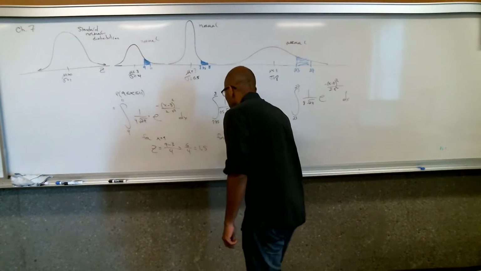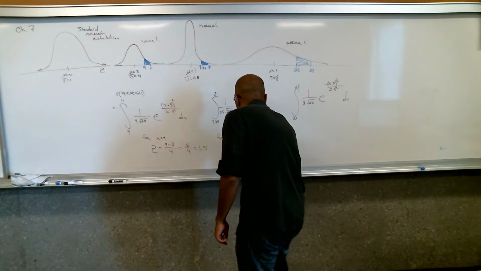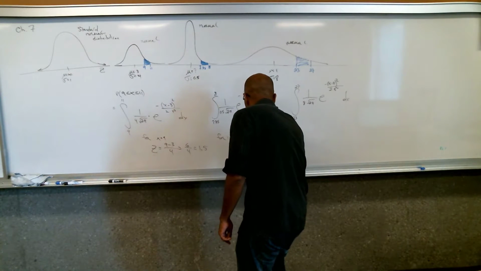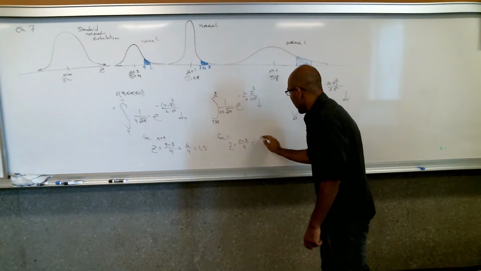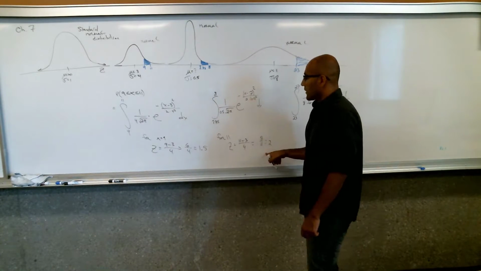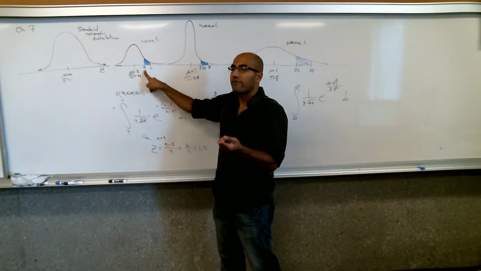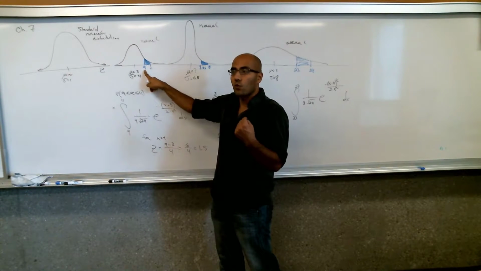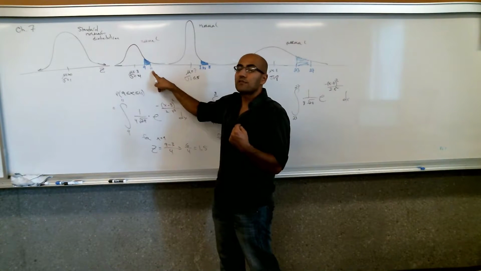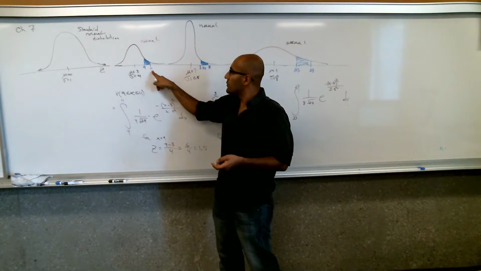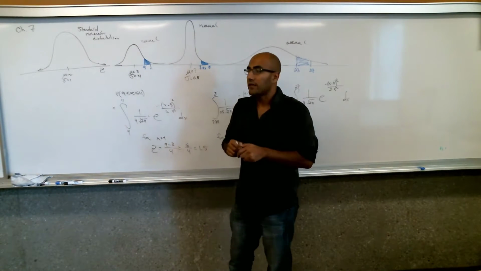For 11, the z-score is 11 minus 3 divided by 4, the standard deviation, which is 8 over 4 or 2. Okay, so the z-score of 9 in this distribution is 1.5, 1.5 standard deviations away from its mean to the right, and the z-score of 11 is 2 standard deviations to the right of the mean.